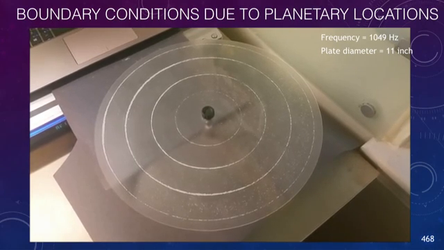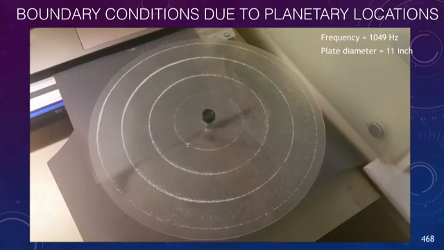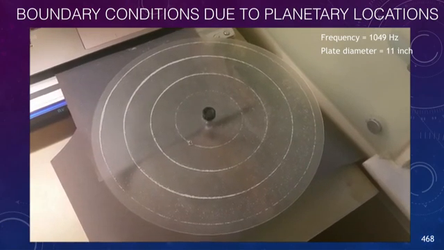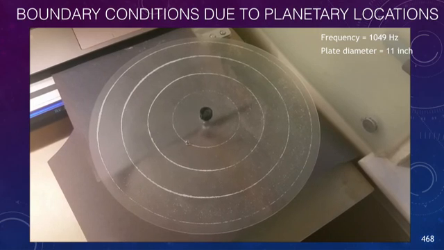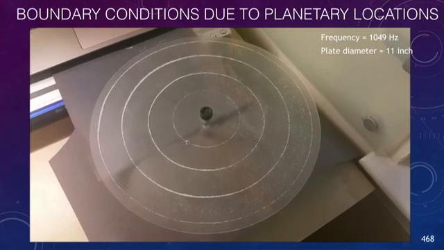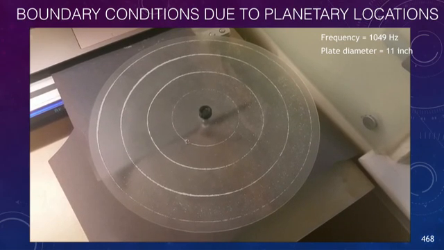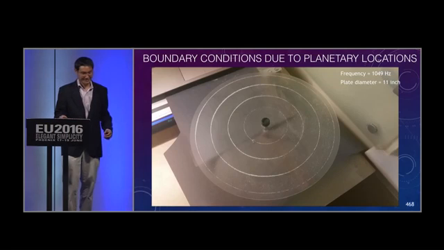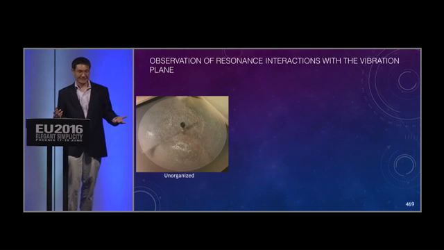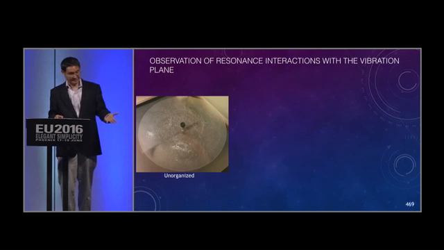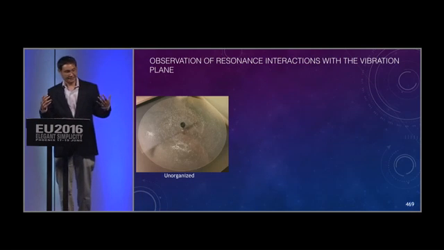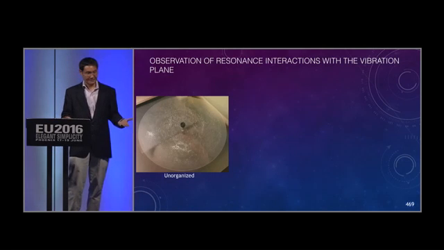Now, we're going to introduce boundary conditions, which are planets. In this case, I mimic planets with magnetic balls put on the top and the bottom of this plate, so they secure each other. One planet doesn't do much. From this observation, we see that a system that is unorganized becomes organized when we apply vibrations.